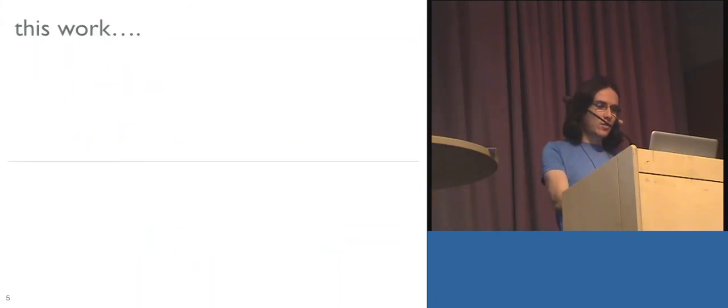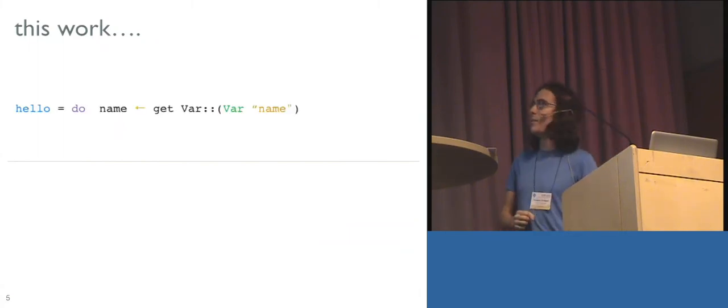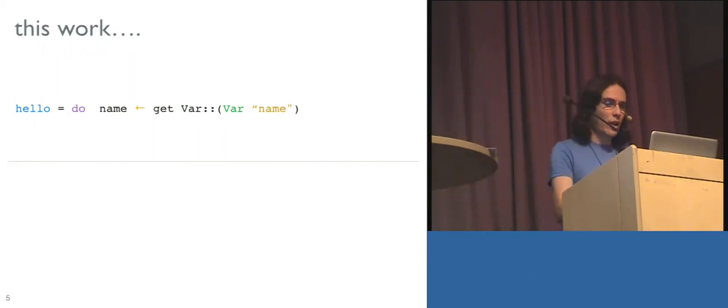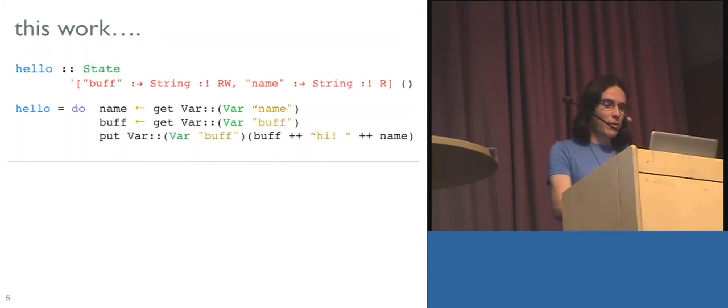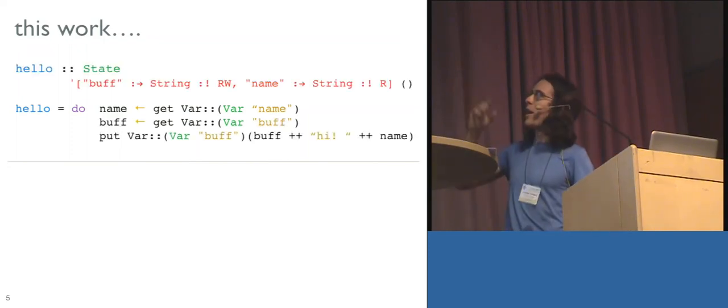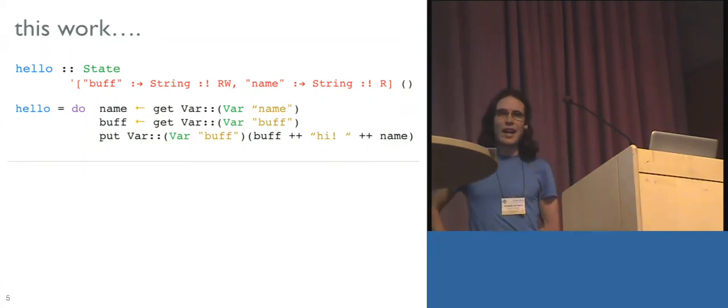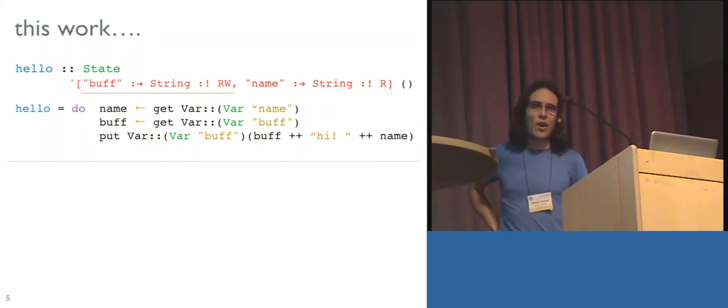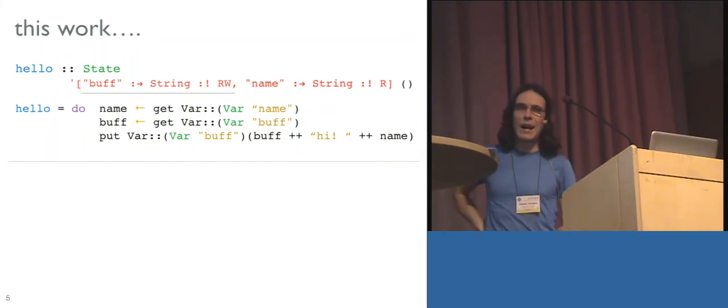So what's going to happen in this work is we're going to have something a little bit more flexible by using effect systems. So I'm going to introduce a way of putting variables into the program. That's this Var constructor, and I'll explain that. And so we can rewrite the program like this and get this new type, which is like a set, and it tells us that we are reading buff, and it's a string, and we also write to it.